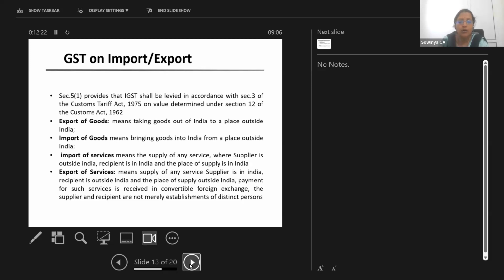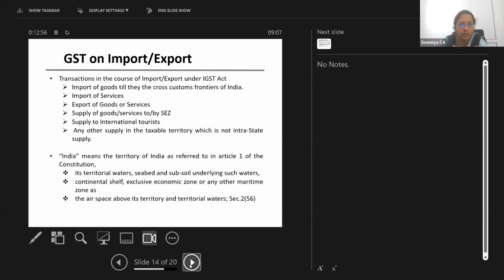In the sense, they are not only some branch office or liaison office, and they are not registered under the laws of that country. Only then will it be eligible to be called an export of service. As you see, why these definitions are important: such transactions enjoy zero rating. Therefore, only when you satisfy these conditions will you be eligible to do zero rated supply. Otherwise, it will not be.